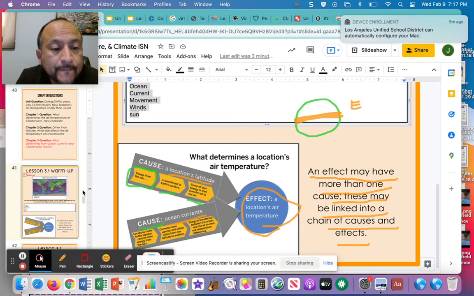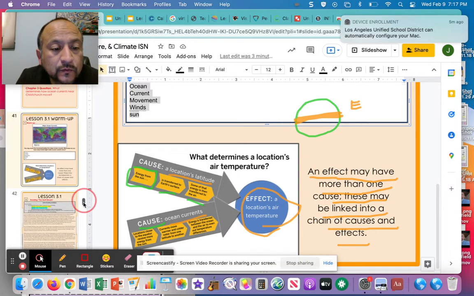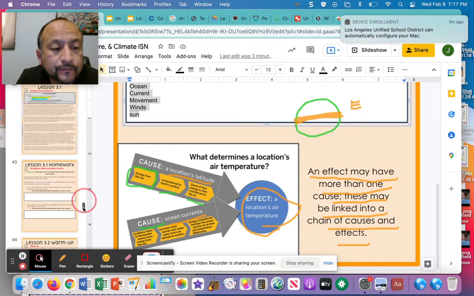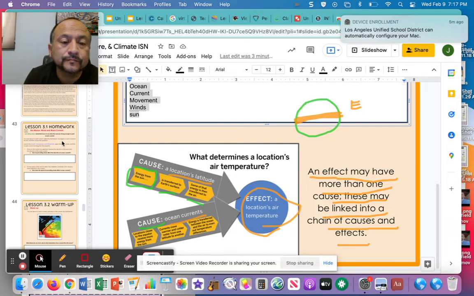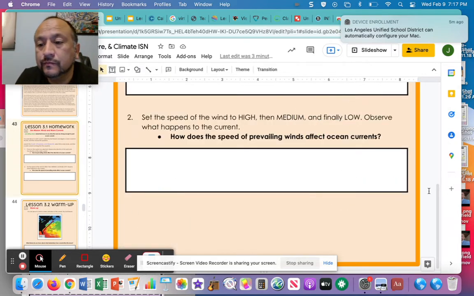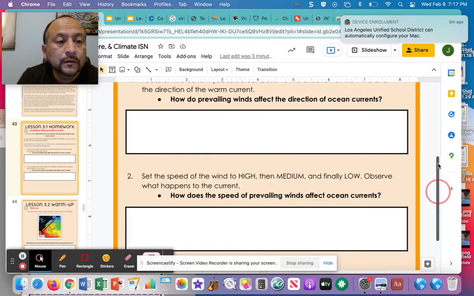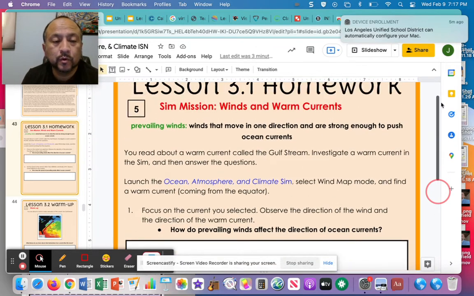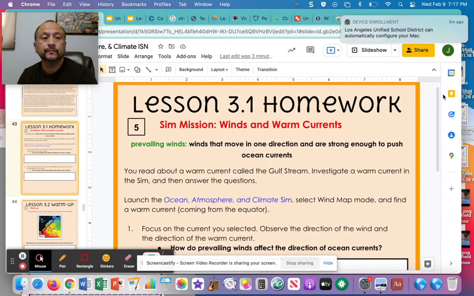All right, so let's move on to the homework portion, which starts off with a key vocabulary word called prevailing winds.